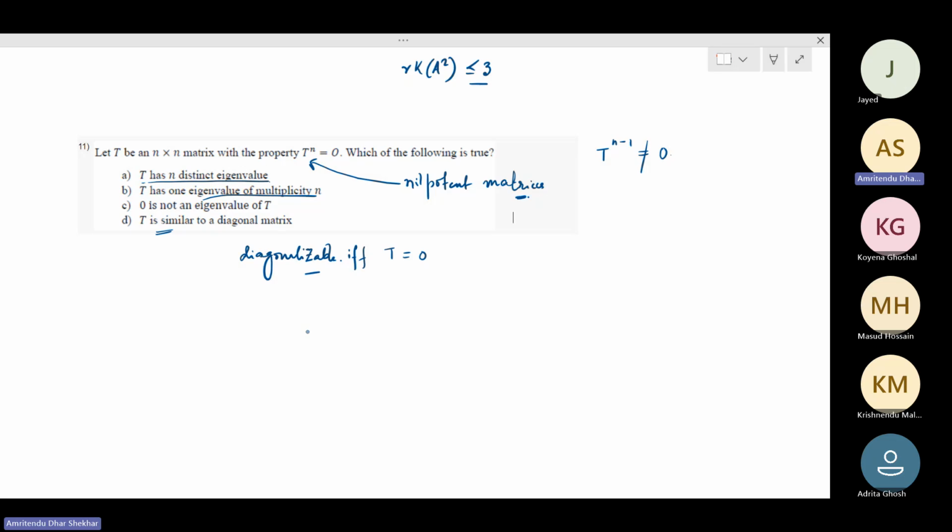So essentially, the dimension of the set of x such that T(x) is equal to 0 is equal to n.